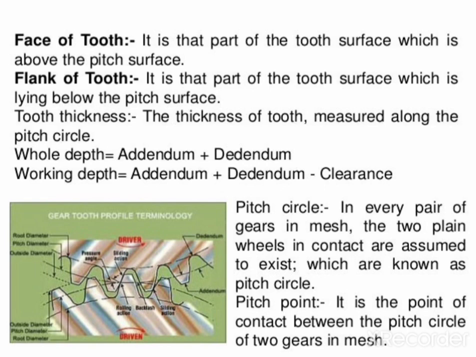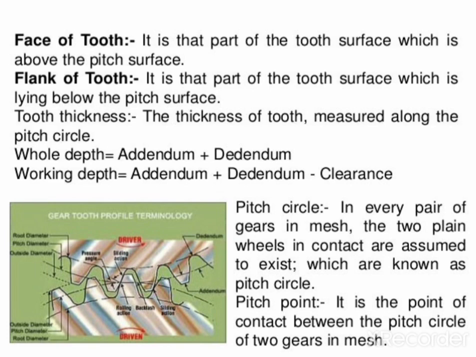It is the pitch circle. What is the pitch circle? When gear sets are visualized as a pair of smooth contacting discs, the pitch circles of the gears correspond to the diameters of both discs. For example, in every pair of gears in mesh, two circles representing two plain wheels in contact are always assumed to exist, and this is the pitch circle.